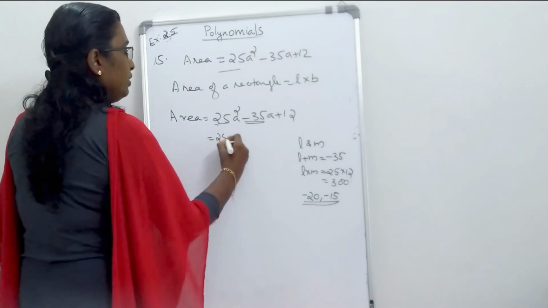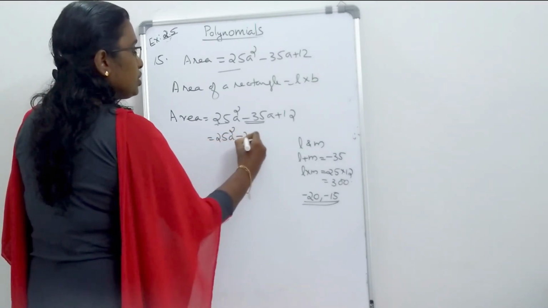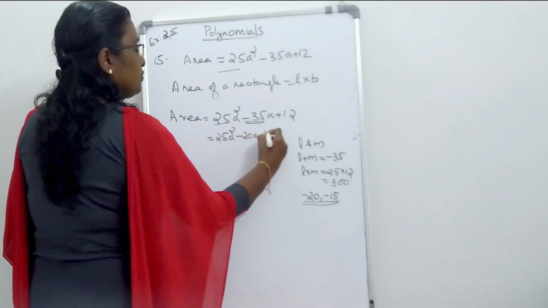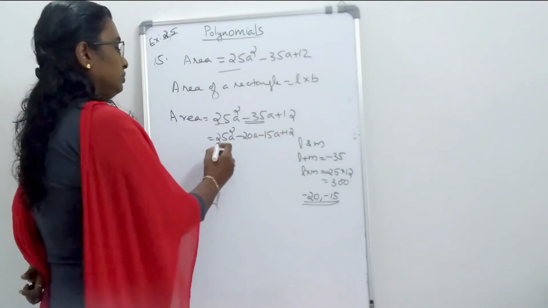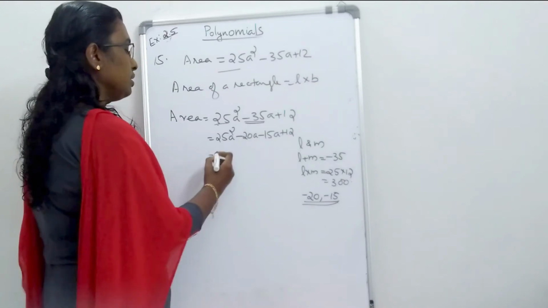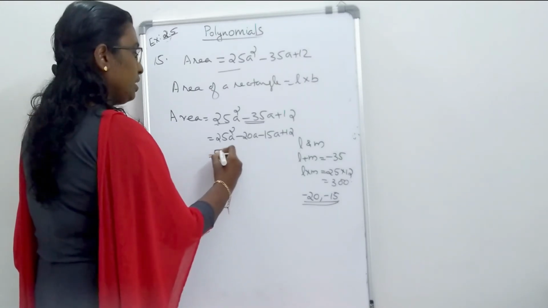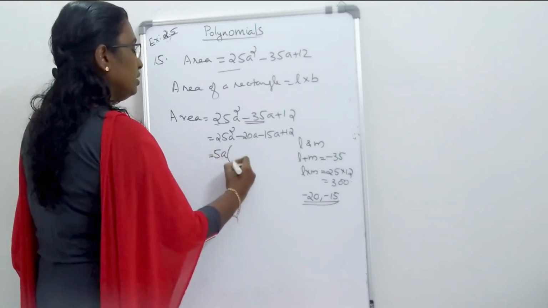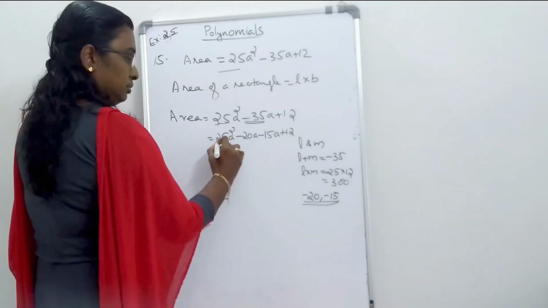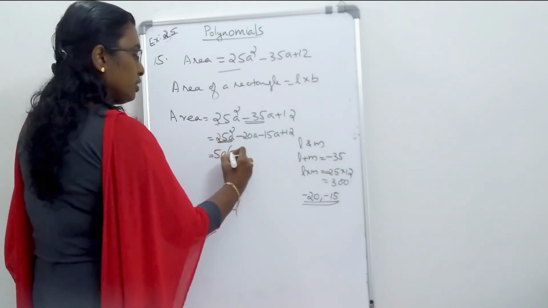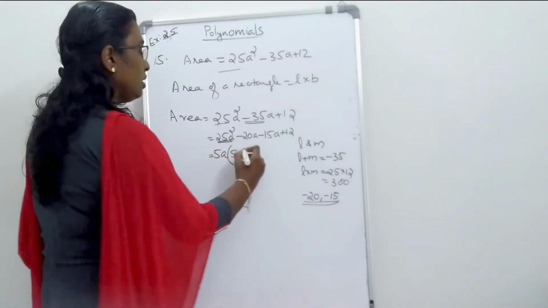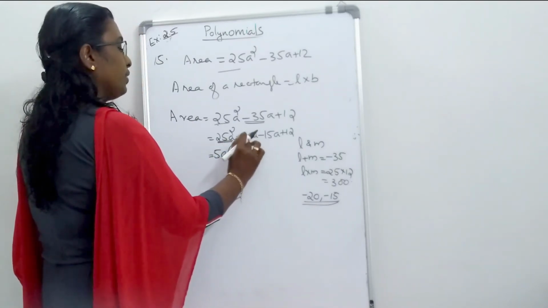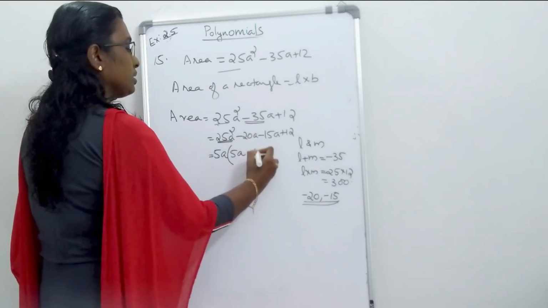That is 25a square minus 20a minus 15a plus 12. In the first two terms, the common factor is 5a. The remaining factor is 5a: 5a into 5a is 25a square, and if we take 5a from the next term, the remaining factor is 4.